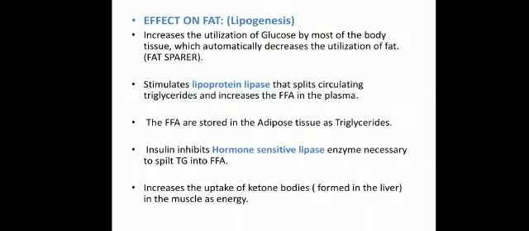That's why insulin is called a fat sparer. Is that clear? Insulin increases the glucose utilization by your cells and tissues, and what happens is the fat in the body or in your diet is getting spared. So that's why we call it a fat sparer.